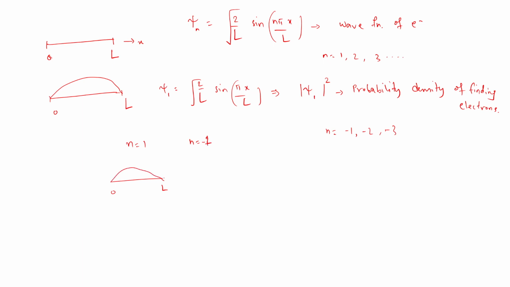For n equal to 1 you get this state, and for n equal to minus 1 you get this state, from 0 to L. But these two states are not distinct, they are actually the same state, because the physical quantity is psi 1 mod square. When you take the mod square, you get the same probability density of finding the electron from 0 to L.